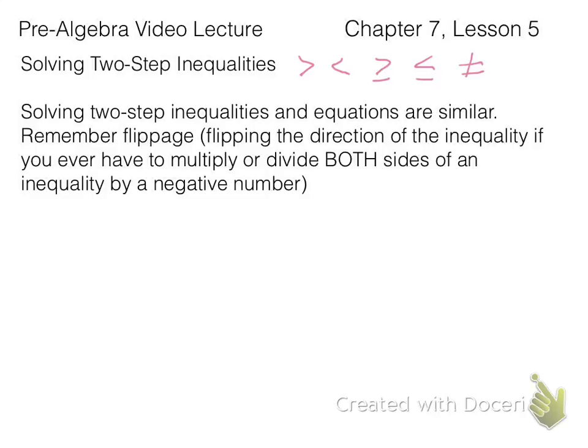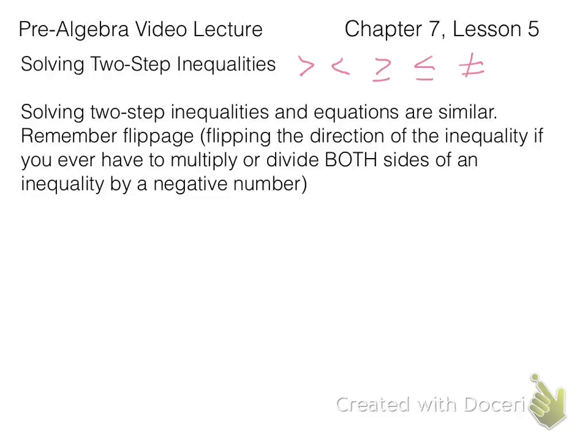But anyway, if you multiply or divide by a negative on both sides of the inequality, flippage is going to happen. This is the word I'm trying to coin myself, because flippage means that when you multiply or divide a negative number on both sides, the inequality flips direction, all right? Flipping the direction of the inequality. So just keep that in mind as we go through.